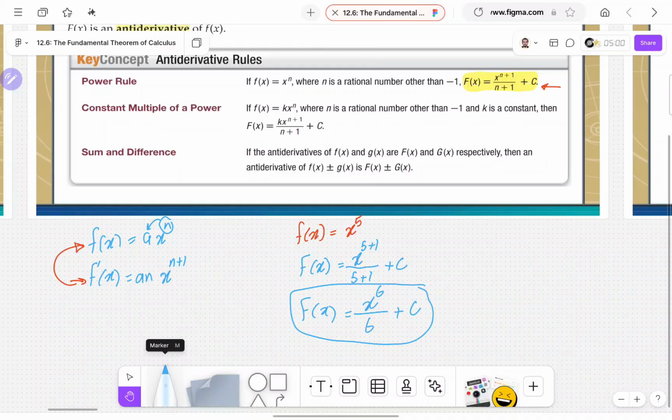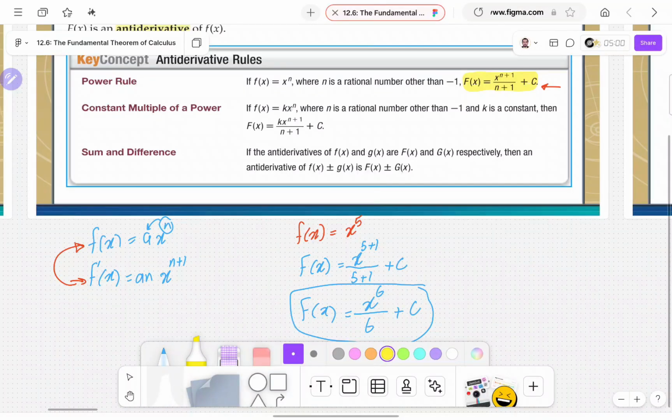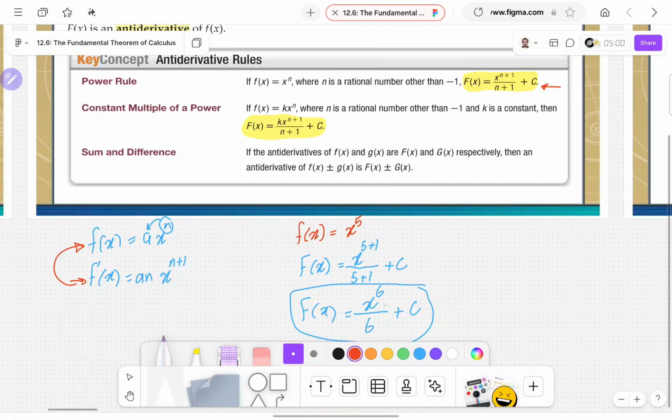How about if I have a constant? Same idea, we just keep the constant and it depends on the power, or we divide. For example, let's say I have f of x equal to 2x to the power of 5.